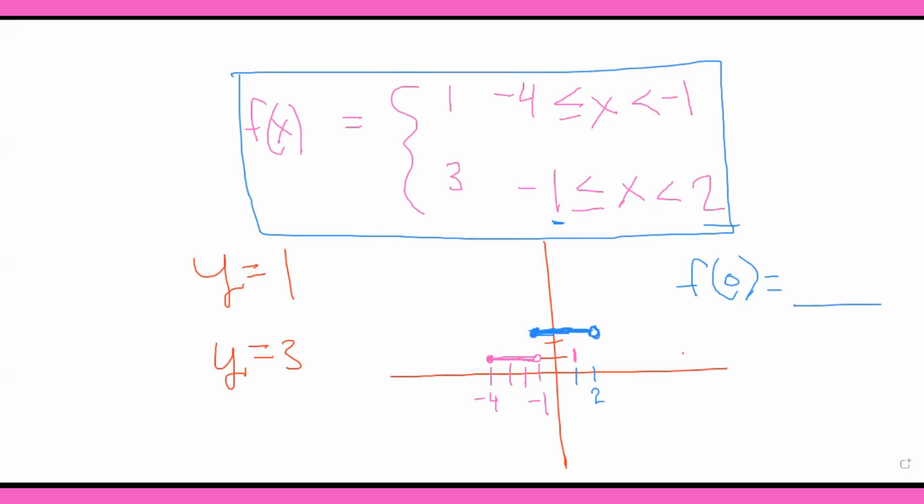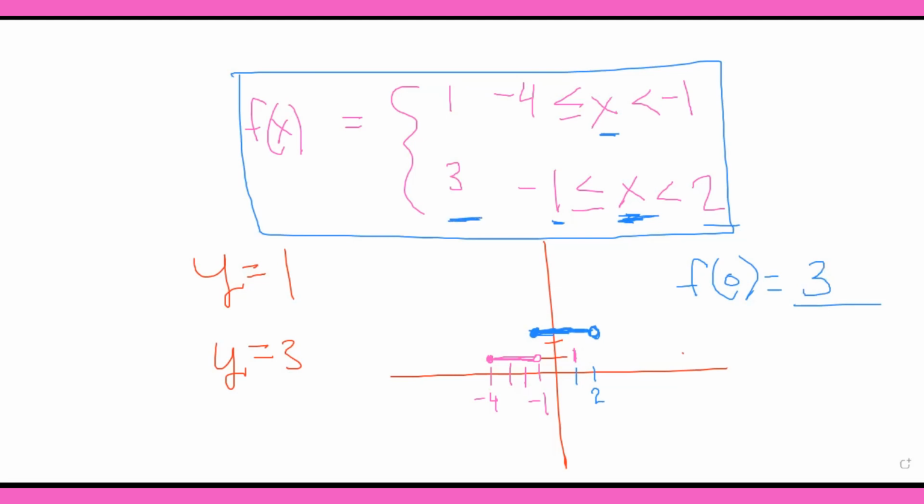For f of 0, we could either graph it, or if we were only given the equations and didn't need to graph it, we could look here and figure out where 0 fits in. 0 is only included in this portion, because 0 is greater than -1, and that's not included in the top equation. So when x is 0, f or y would be 3.